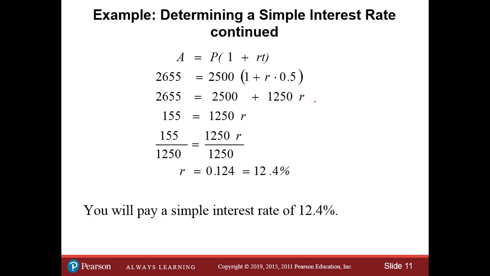So we get 1250 times R, and then we subtract 2500 from both sides, and we get 155. Then we divide by 1250, and R equals 0.124, or 12.4%. And so the simple interest rate for this loan is 12.4%.